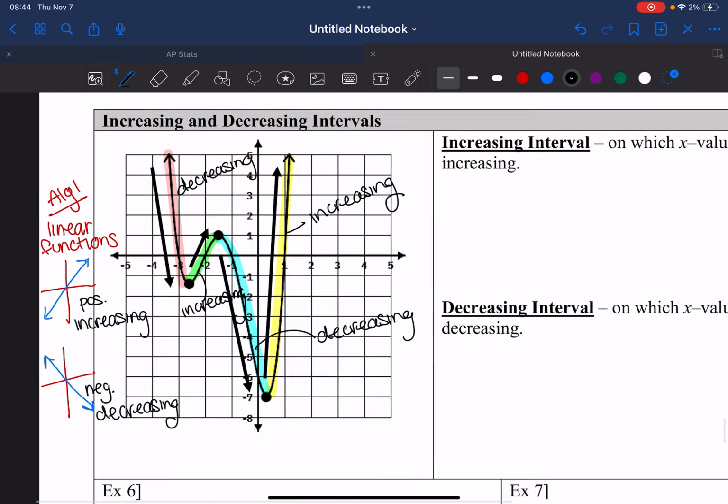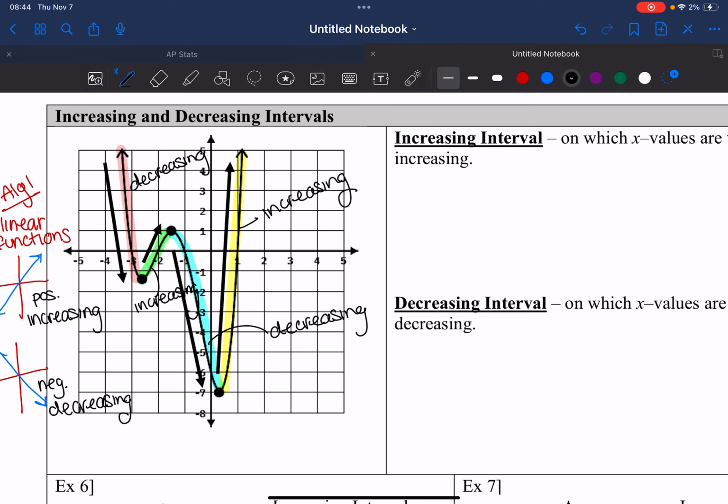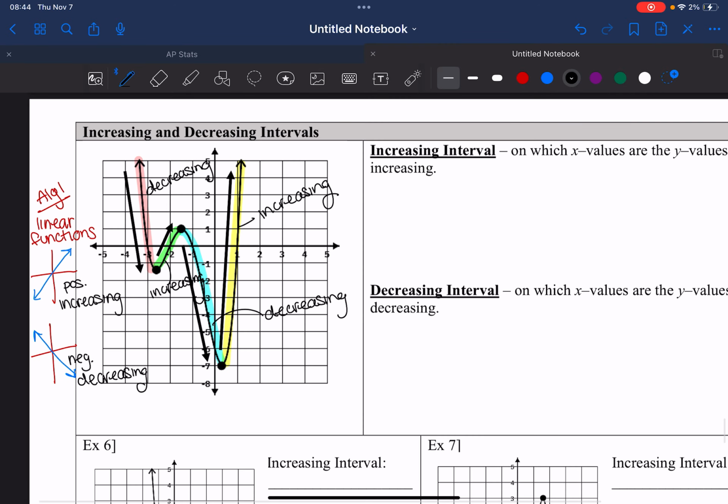Now that we've identified each of our intervals, we're going to write them versus increasing or decreasing. Starting with increasing, our first increasing one was the green. We have to look at the starting value of the x's versus the ending value of the x's. It looks like our starting value is around negative 2.7 and our ending value is around negative 1.5.